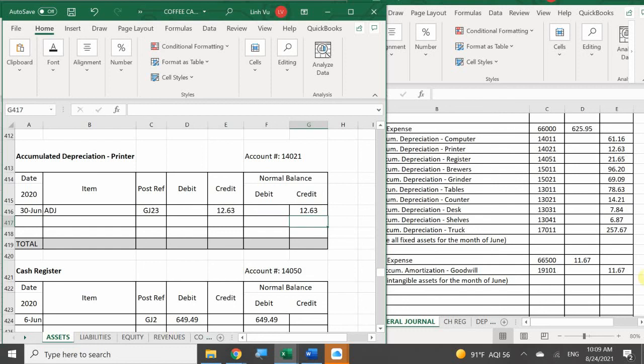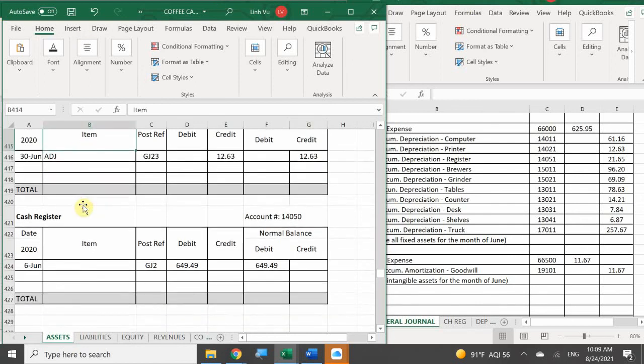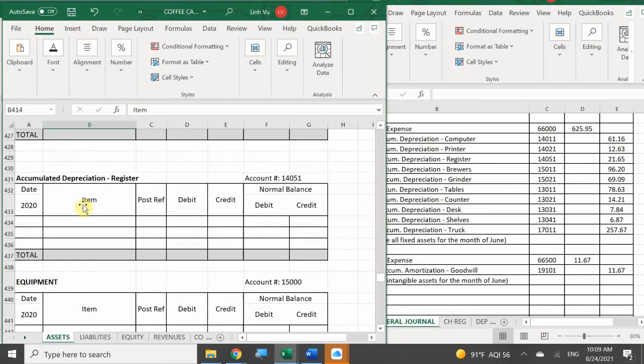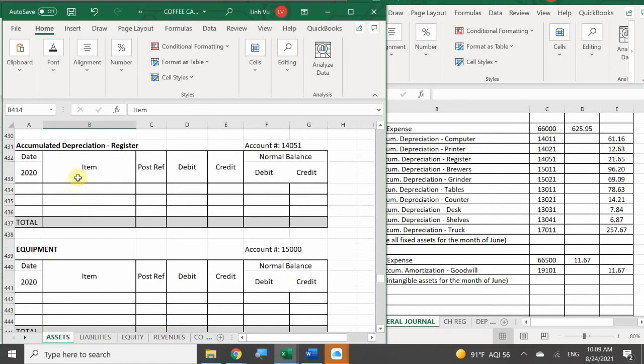Next is the accumulated depreciation for the register.